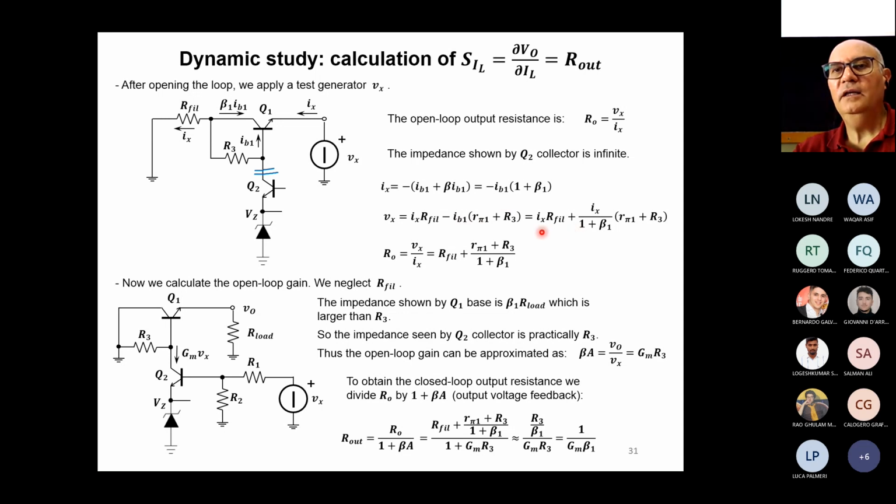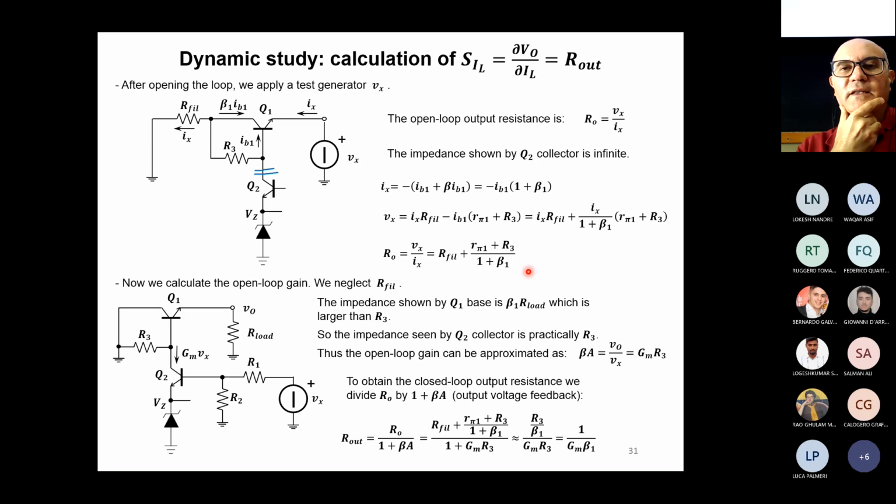So what I get is Ix R filament plus, again, Ix over 1 plus beta 1, minus and minus cancel each other, times R pi 1 plus R3. Do you agree this is correct? Okay. So the output resistance RO is Vx over Ix, can be written as R filament, just Ix goes below, plus R pi 1 plus R3 over 1 plus beta 1.